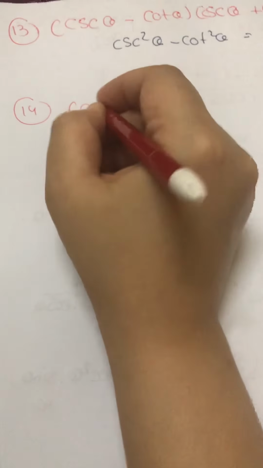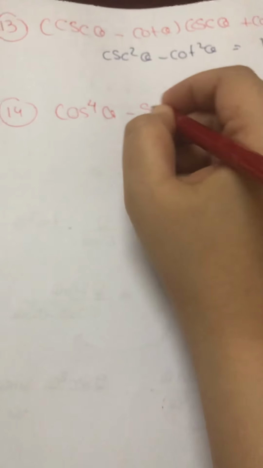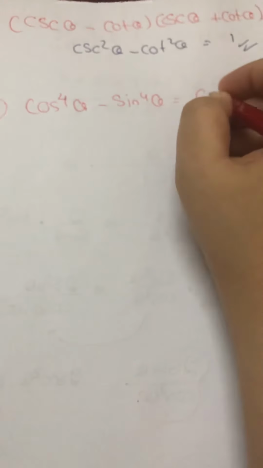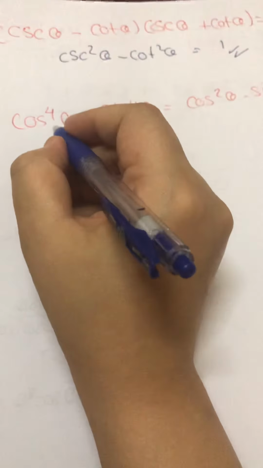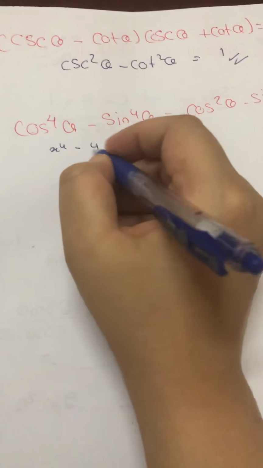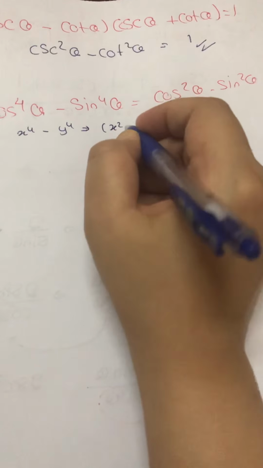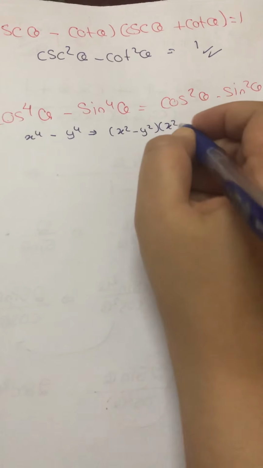Question 14. Cosine to the power of 4 theta minus sine to the power of 4 theta is equal to cosine squared theta minus sine squared theta. Come on, I think this is a one-step job. This is the same as x to the power of 4 minus y to the power of 4, which is difference of squares. This is how I was gonna deal with it if it's x's, right? So I'm gonna do the same thing.